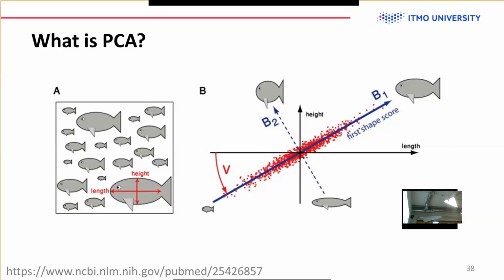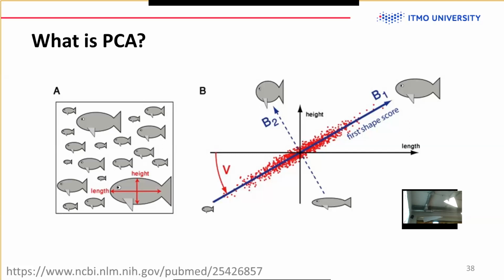So there are different applications of this analysis in general, but one of them is to use the first two or first three components to plot your data on the 2D scale, because the first axis will explain a lot, and the second will explain smaller but still a lot, and so on.